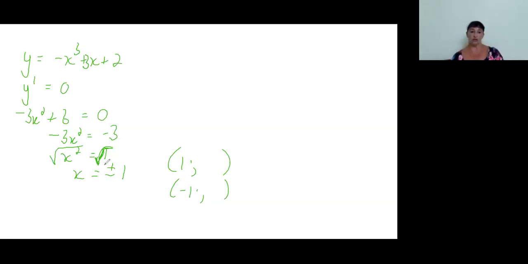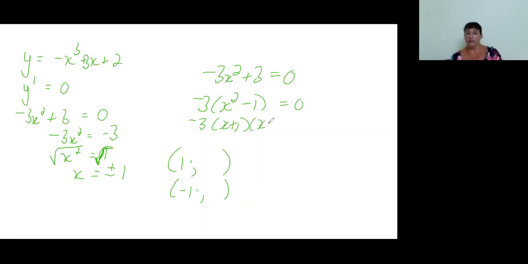That's why it's sometimes a good idea to rather factorize. Because remember, when you have an equation equal to 0, you're supposed to factorize. So if you take out minus 3, you'll be left with x squared minus 1. And there you have your difference of squares. And there we go. There's the minus 1 and the plus 1.